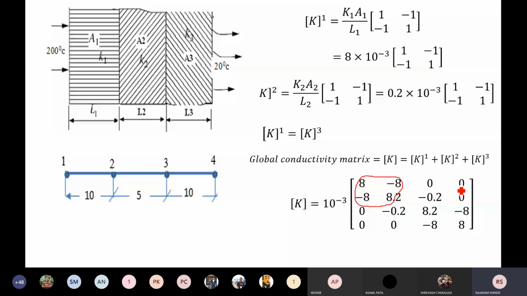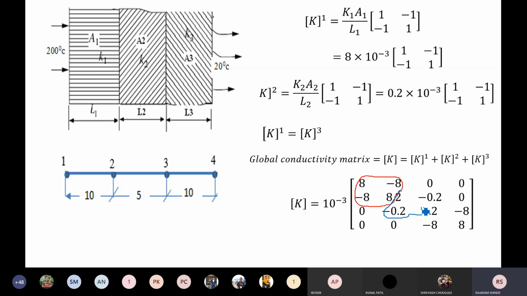Now for element number 2, it will start from this location, and here this point 2. These are the terms in element number 2. Now the remaining terms are 0 for element number 2.